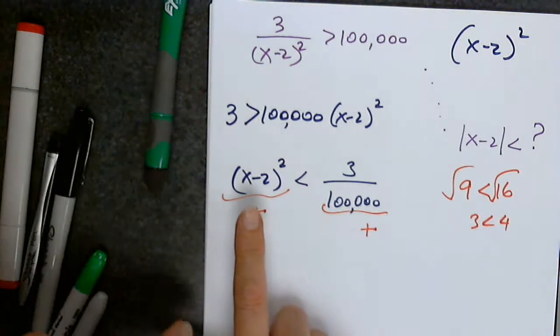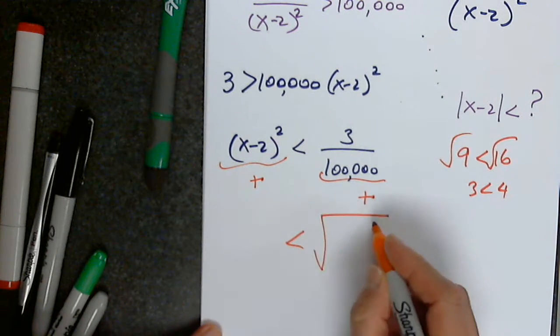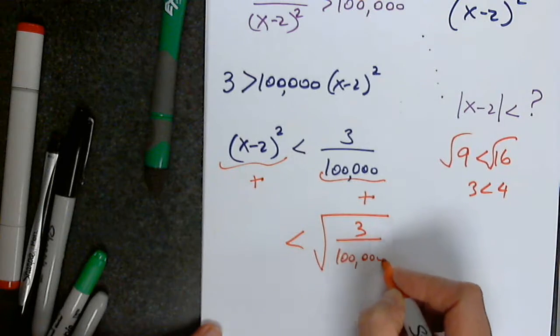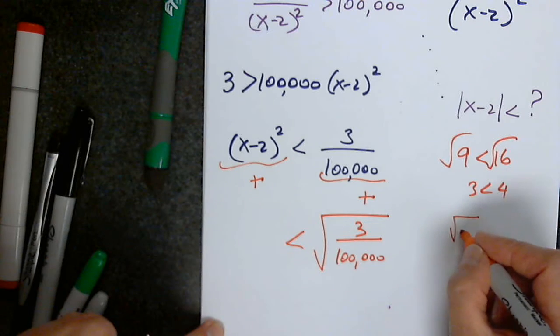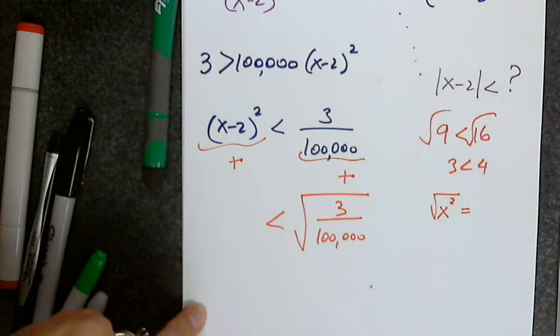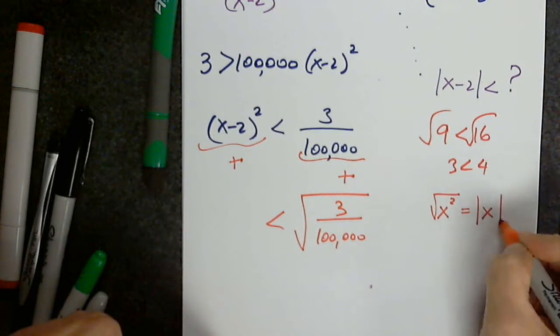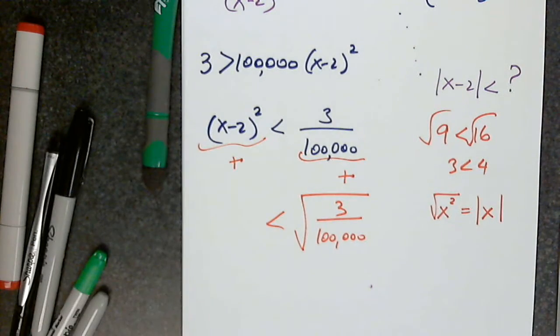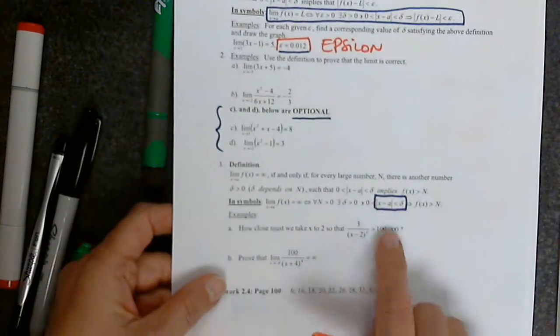But when I take the square root of x minus 2 squared, what do I write? If I don't know x, what does the square root of x squared equal to? Exactly. That's why when I take the square root of this, what do you think I'm going to get?